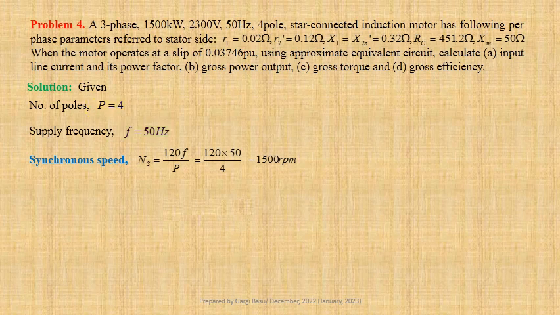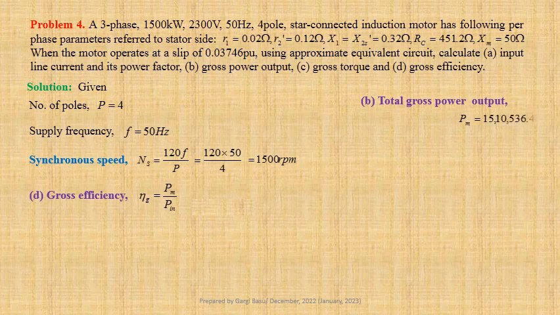Expression for gross efficiency of the motor eta G equals PM divided by Pin. We have obtained total gross power output PM equals 15,10,536.4 watt and total power input Pin equals 15,91,281.6 watt.